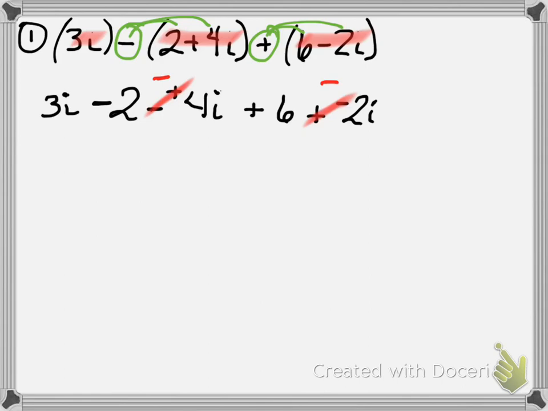So now let's look through and combine like terms. Negative 2 plus 6 is what? Positive 4.